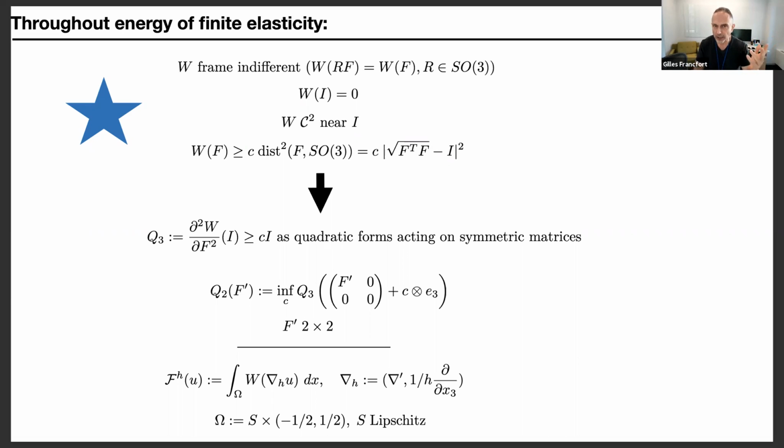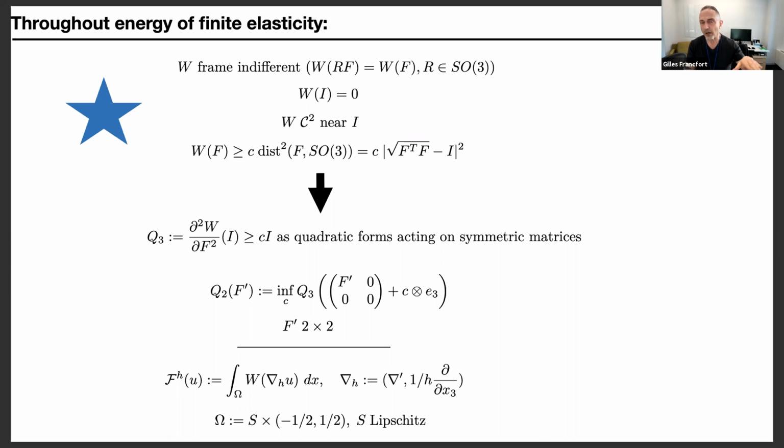And it is frame indifferent, which means that when you pre-multiply your 3x3 matrix by a rotation, you get the same value of the energy. Furthermore, it's a non-negative energy, and it is 0 at the identity.